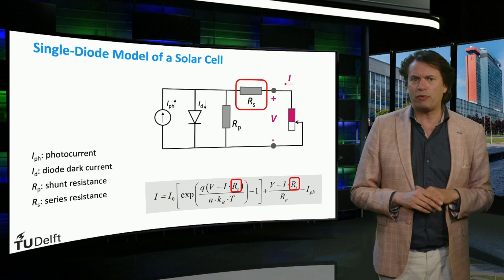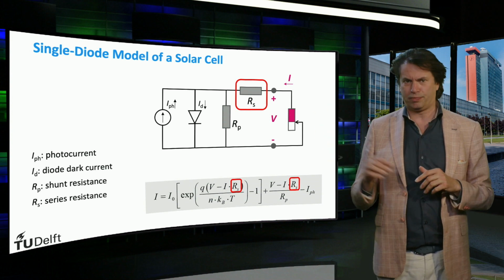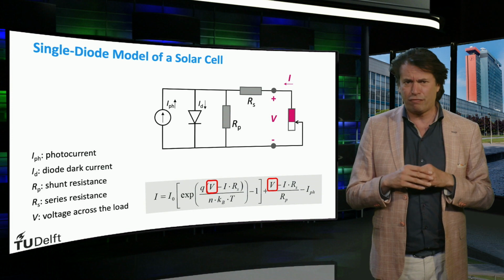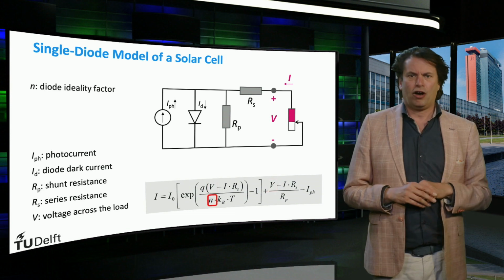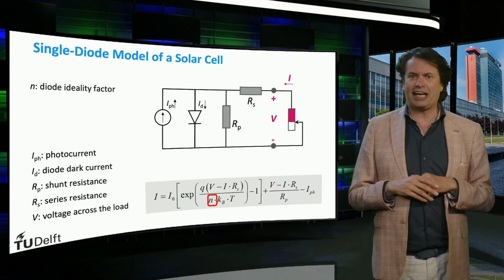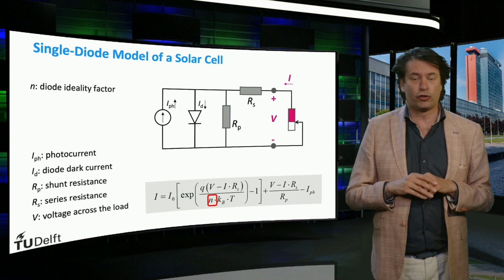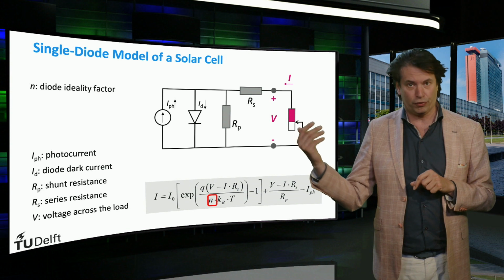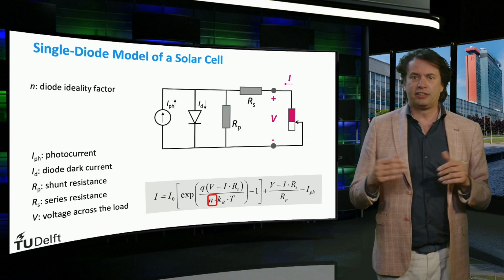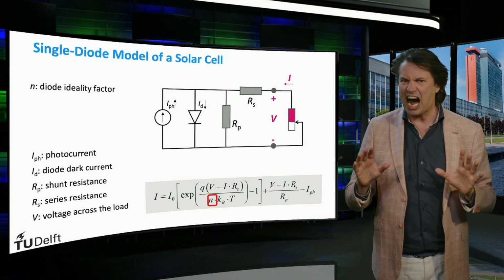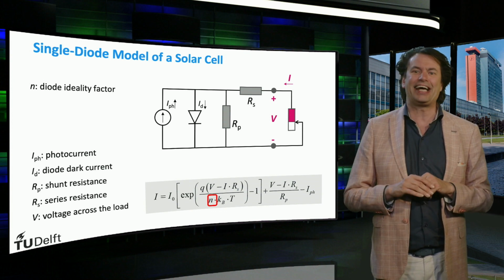Lastly, in our schematic, we see our load. We can see a current across it, I, and we see the voltage V. From this circuit, we can then solve the equation of determining the I as a function of V, the voltage. The equation additionally includes N, which is the diode ideality factor.